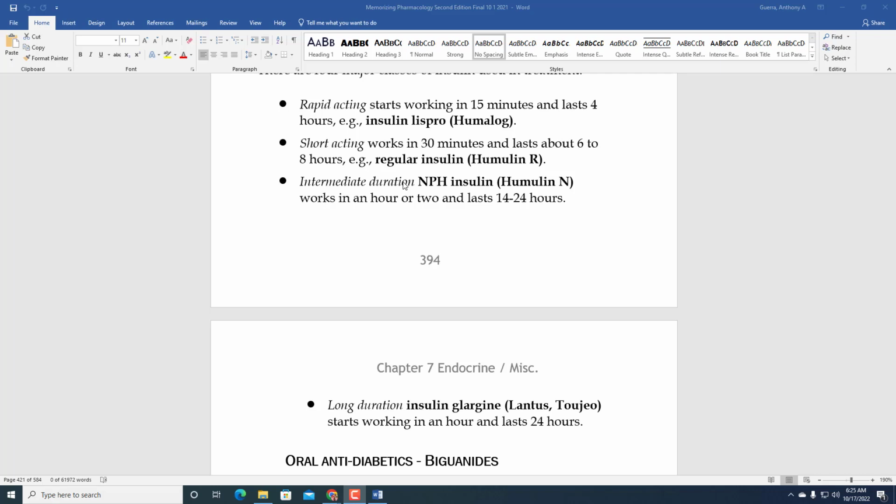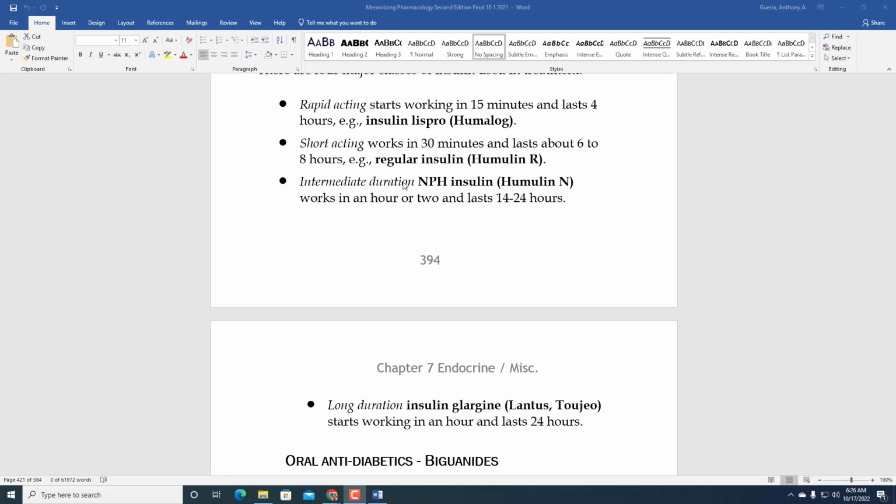And then the long duration insulin, Glargine, Lantus, and Toujeo, start working in about an hour and last about 24 hours. But when you memorize them, you want to remember Humalog, then Humulin R, then Humulin N, then Lantus or Toujeo. Put them in your brain in order, because then when you're giving insulin, if you're giving Humalog, I've got to talk to the patient about what they were eating.